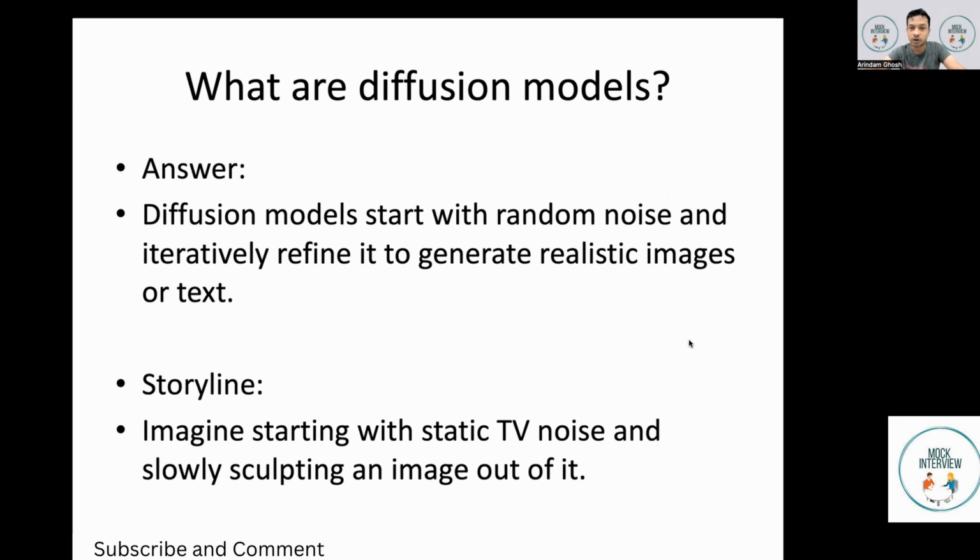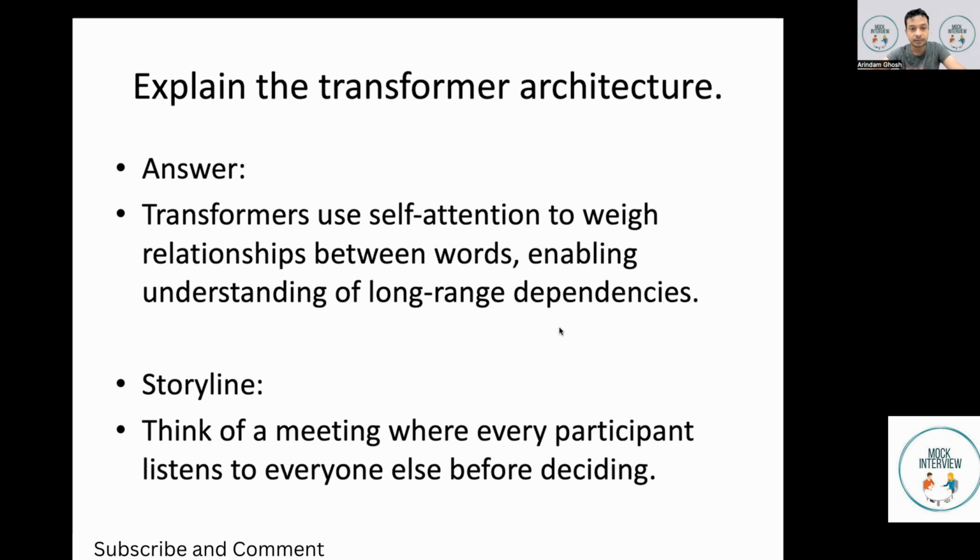Next question. What are diffusion models? Answer: diffusion models start with random noise and iteratively refine it to generate realistic images or text. Storyline: imagine starting with static TV noise and slowly sculpting an image out of it. Next question. Explain the transformer architecture at a high level.